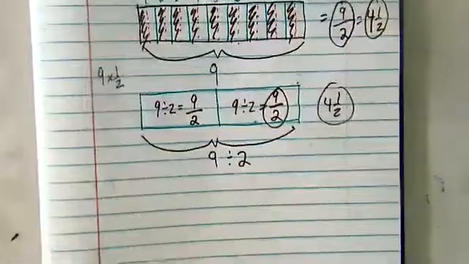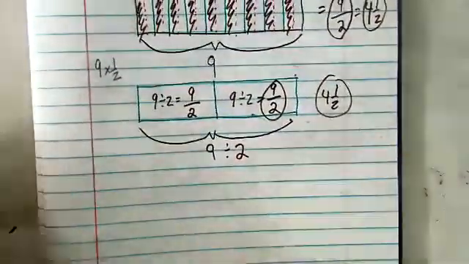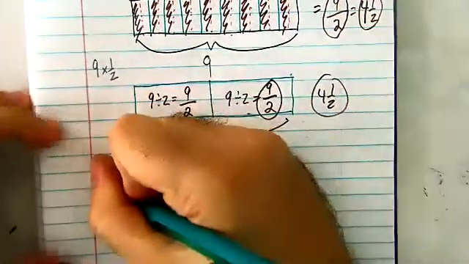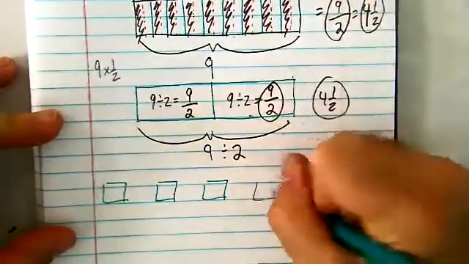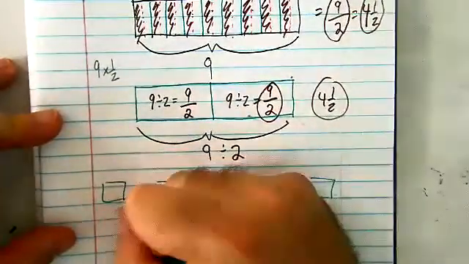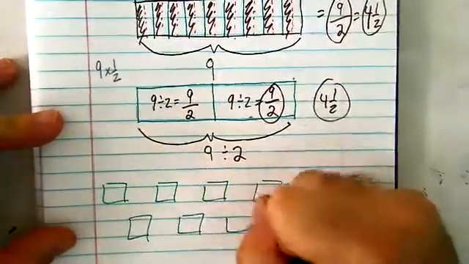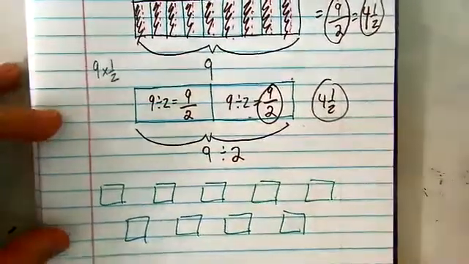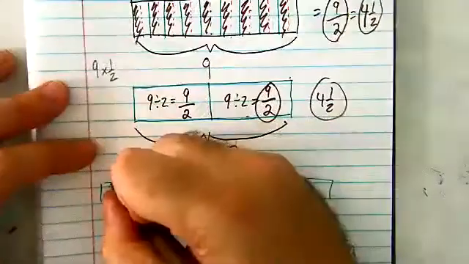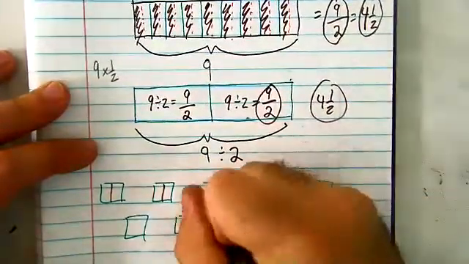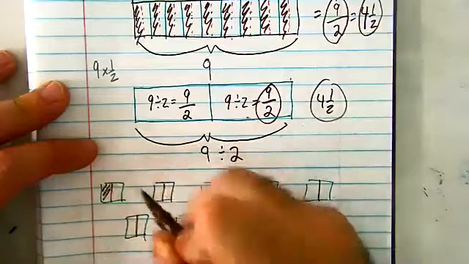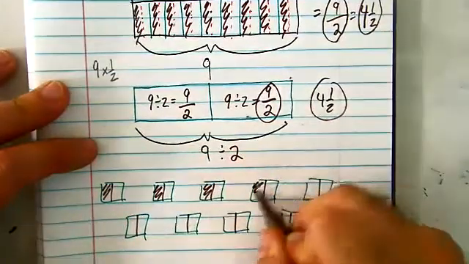I know it's going to drive you crazy, but a third way of showing it visually would be to do 9 boxes. 1, 2, 3, 4, 5, 6, 7, 8, 9. These are 9 wholes, and then split those in half. I'm going to take one of them from each whole.